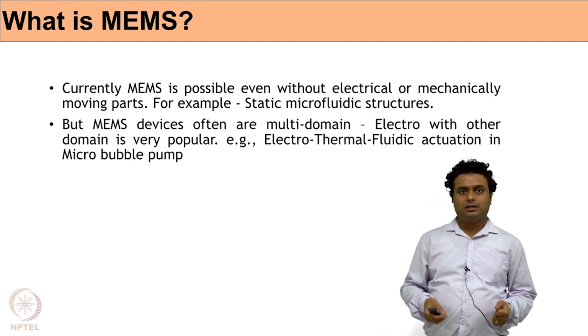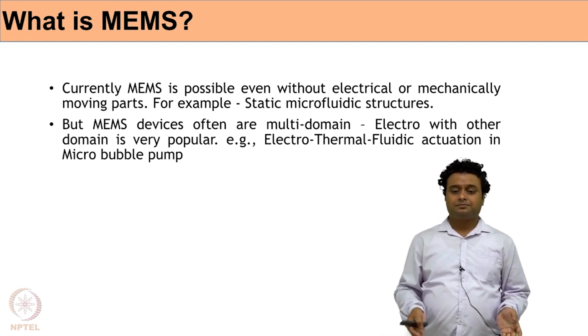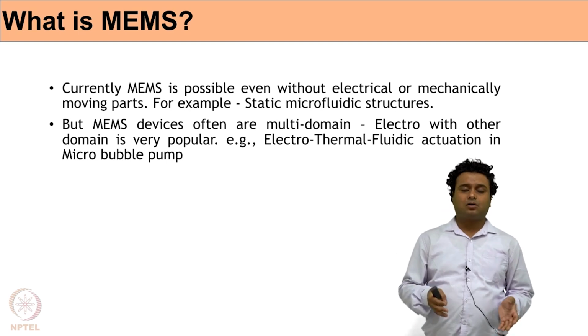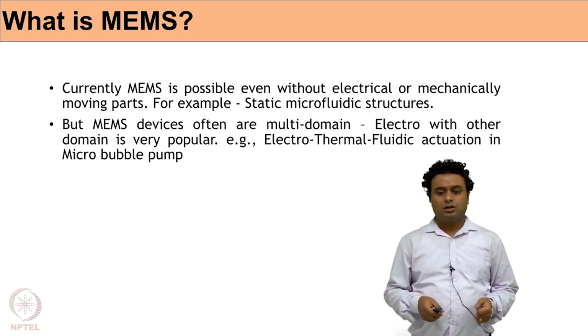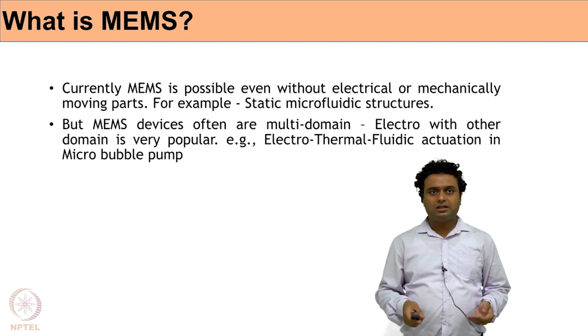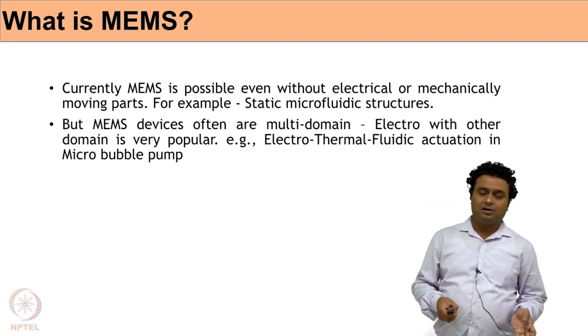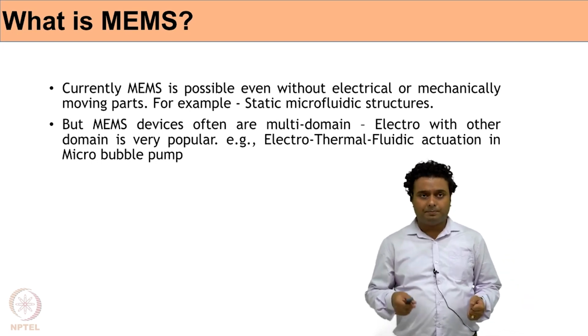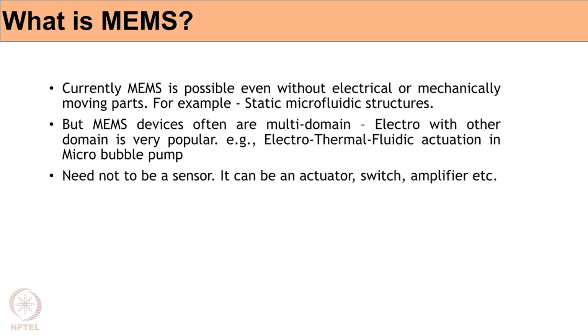Along with the electric and mechanical parts, the thermal, fluidic and other domains are also very important in this course. You will see many examples of electrothermal and fluidic actuation, or a micro bubble pump, etc. Another important point is that a MEMS device need not be a sensor. It can be an actuator also, like a switch or amplifier, etc. We will discuss this as we move along.